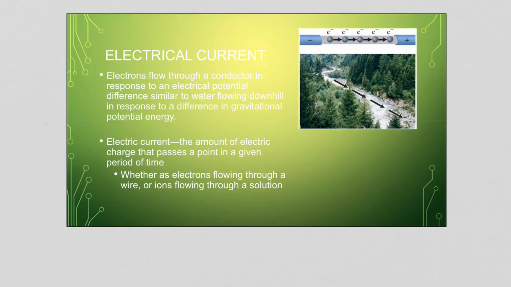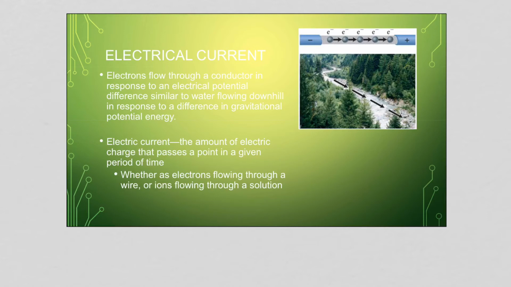Okay, next I want to talk about two basic terms that we will use when we talk about electricity. So typically when we refer to electron flow, we talk about its current and its voltage or potential. And so just to review what those are, electrical current is a measure of the flow of electrons, right?